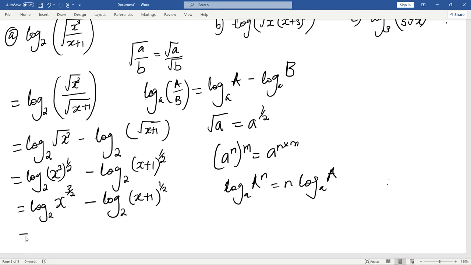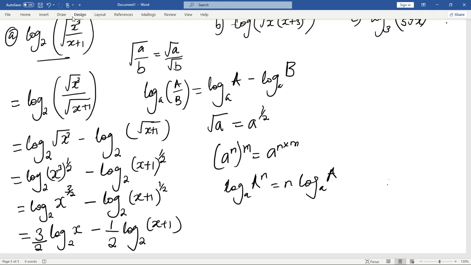Then here we have 3 over 2 log to the base 2 of x minus, we check this side, we drop the power that we have, which is 1 over 2, log to the base 2 of x plus 1. So once we do this, we've simplified this log function into simpler forms of logs.